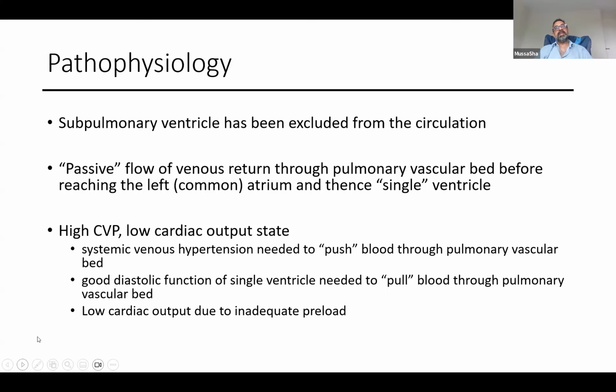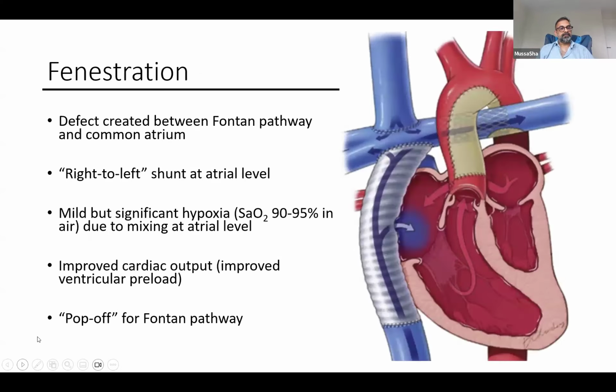And it's not a classical low cardiac output state, but if you're thinking about it in a chronic way, then overall the ventricle is underfilled, and therefore the cardiac output is compromised. So how do you get around that low cardiac output state? How do you fill the ventricle better?